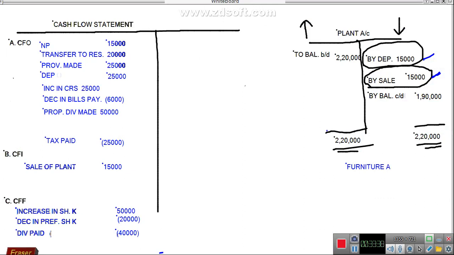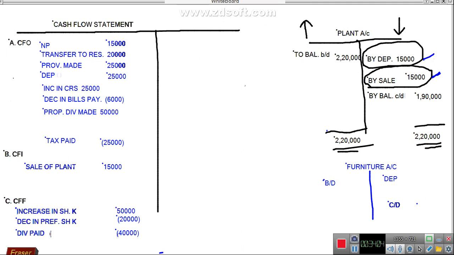In this similar manner you have to prepare the furniture account like you prepared the plant account. Start with the debit side, end with the credit side. Opening balance to be written on the debit side, closing balance to be written on the credit side, and then depreciation to be included here. When you include all these things, you will get the balancing figure as furniture purchased during the year, 90,000.